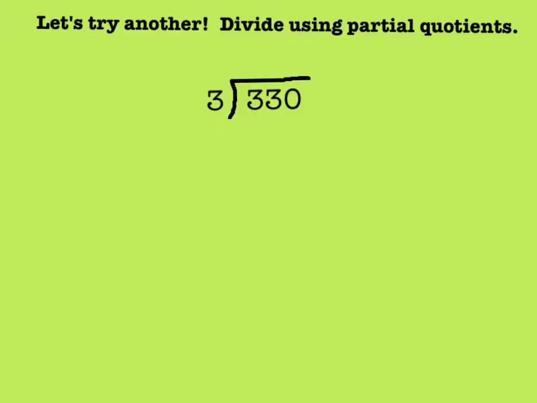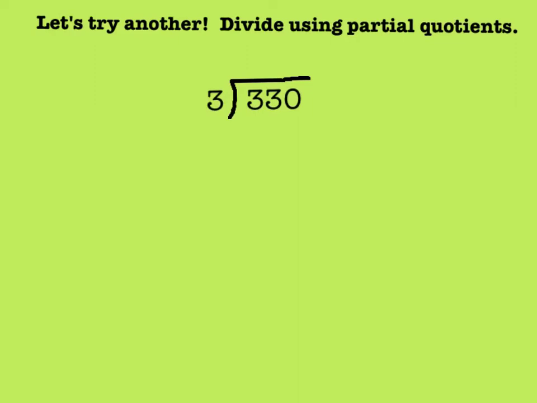Now let's divide this problem using partial quotients. Let's say that I had 330 M&Ms and I wanted to share them with 3 students. Well, it would take me a really long time to divide 330 M&Ms, giving 3 M&Ms out each time. So I'm going to see if I can use a bigger multiple of 3 to get my answer faster.